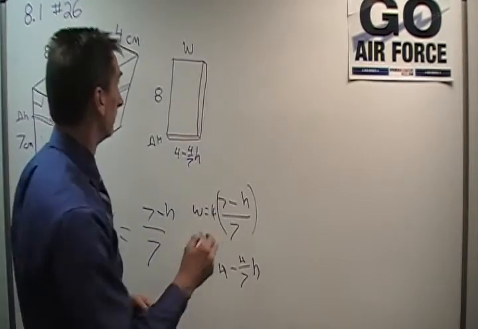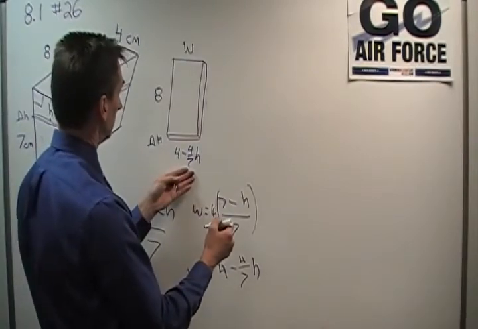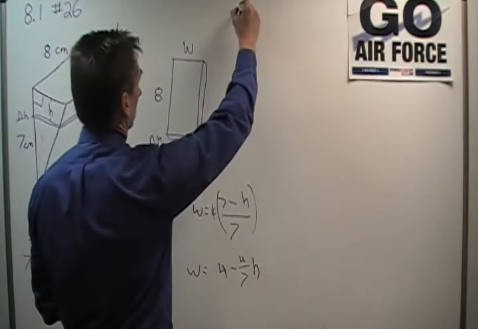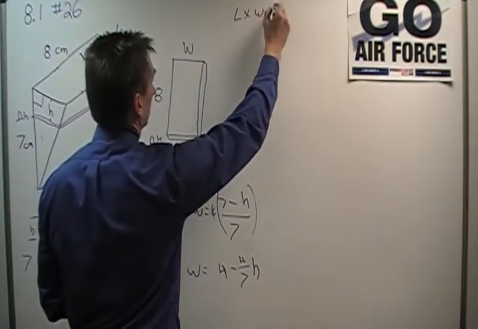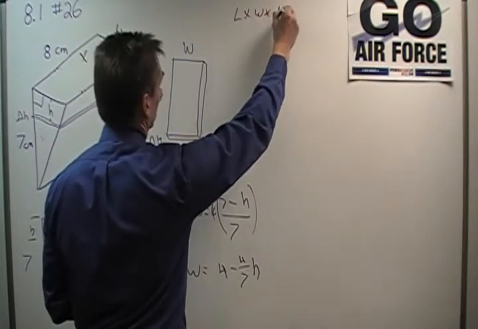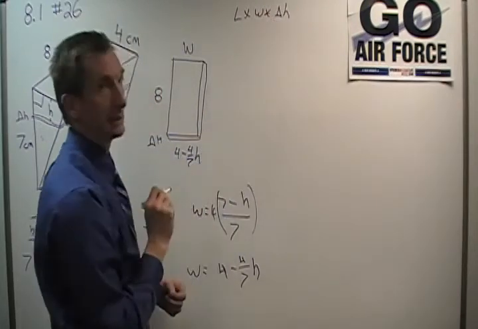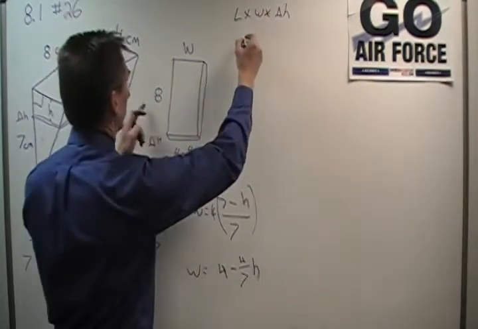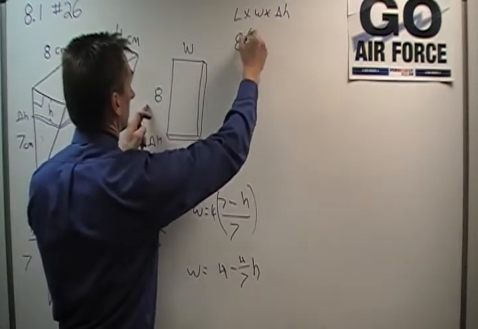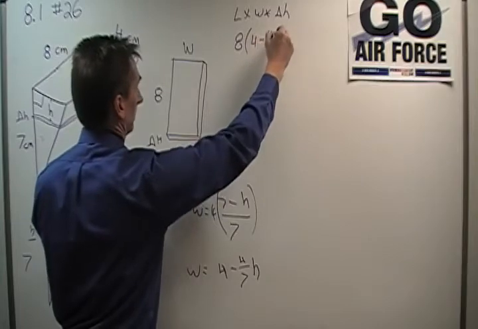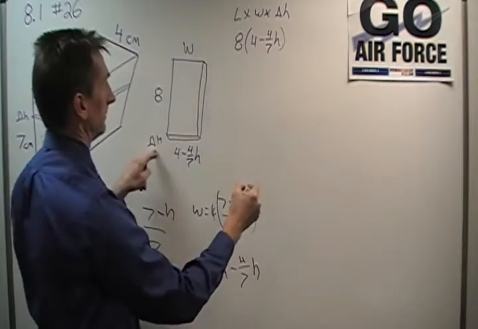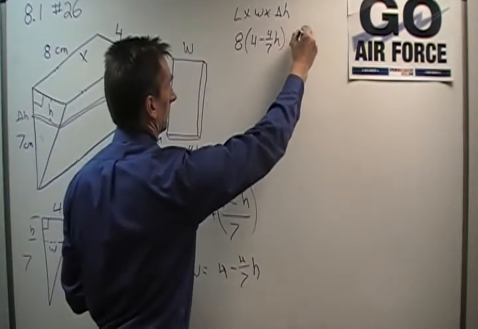So let's go ahead and do that. The volume of this rectangle is, of course, length times width times the depth, and we know that to be delta h. So we have 8 times the width, which is 4 minus 4/7 h, times delta h, the depth.